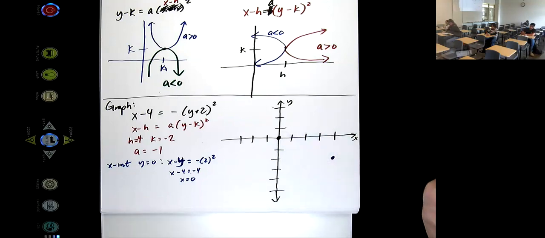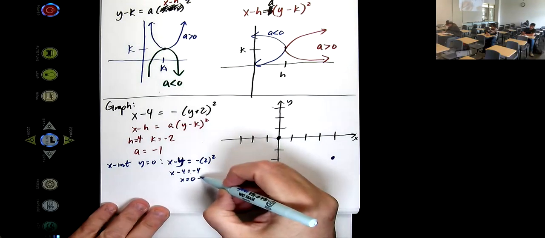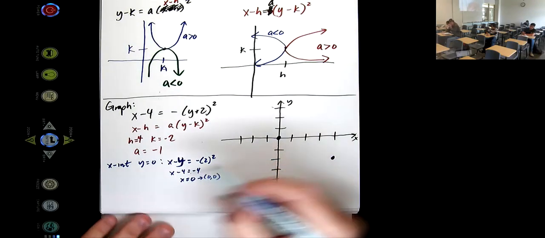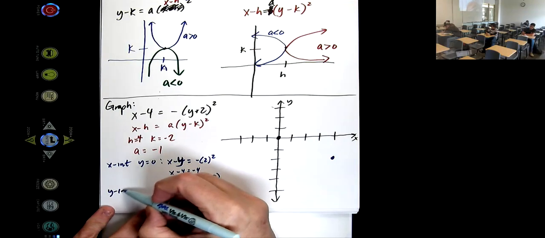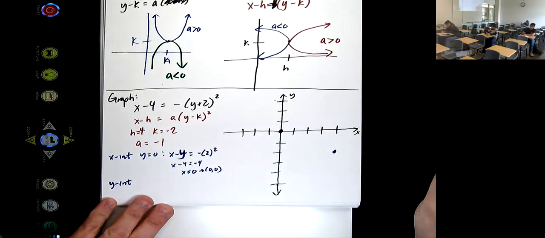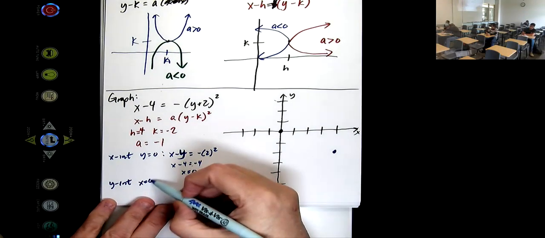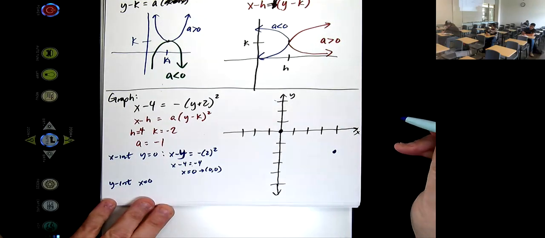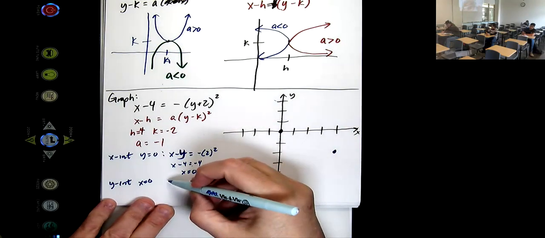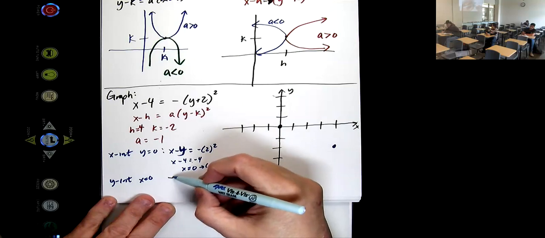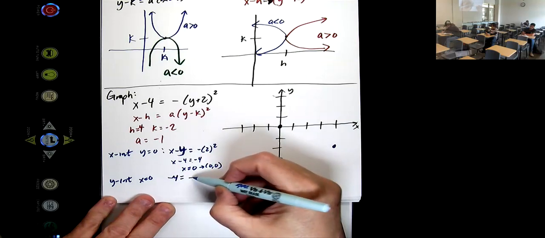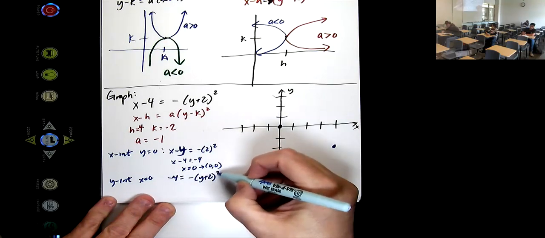Looks like that's a y-intercept also. This gives me the point 0, 0. If I do my y-intercepts, x equals 0. I have negative 4 equals negative y plus 2 squared.